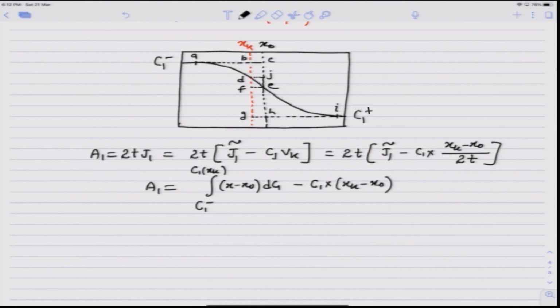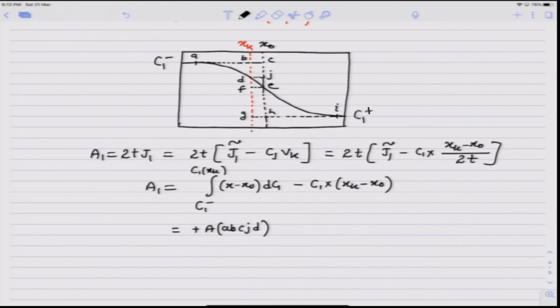So in terms of the area, the first integral on the right hand side here is nothing but the area A, B, C, J, D, and for the sign of the area, x minus x naught is negative and dC1 is also negative, so this should be positive. Second one, C1 times xk minus x naught.